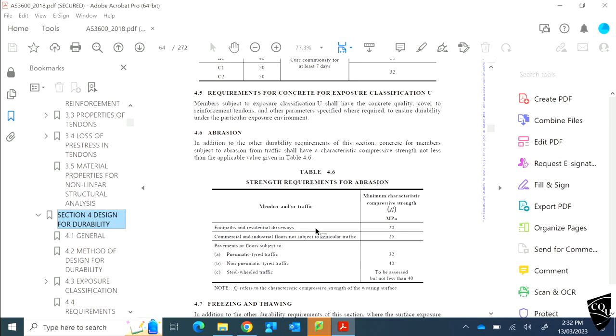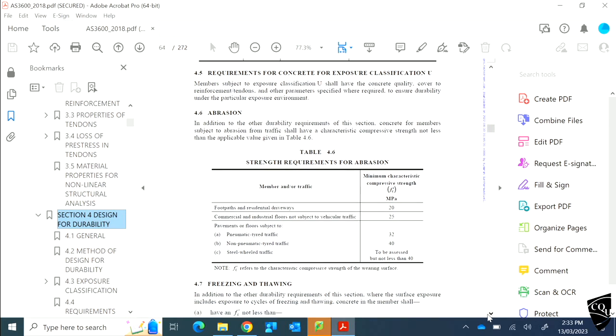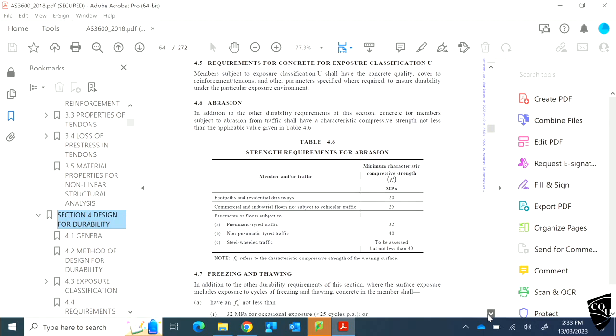They talk about what the minimum strength is based on those requirements. So we need to look at the exposure classification as well as the traffic loading. Based on that, we should be able to find out the minimum concrete strength we require for our design. So we should look at all the conditions.